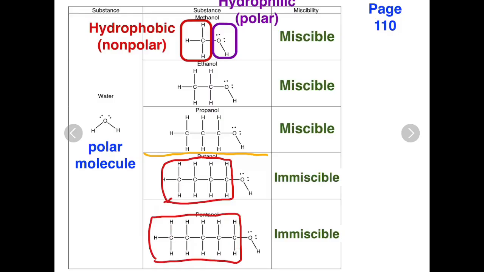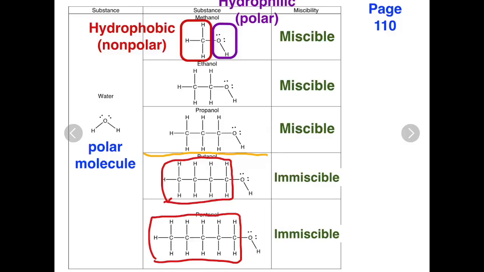So that means polarity of a molecule is also a spectrum. It's not a clear cut of polar or non-polar. One molecule might be more polar than another because it contains more polar part, or the other molecule might have more non-polar part, so it's going to dictate the overall molecule to be non-polar, right?